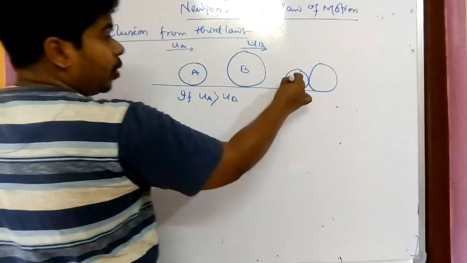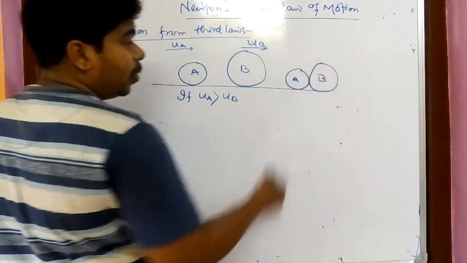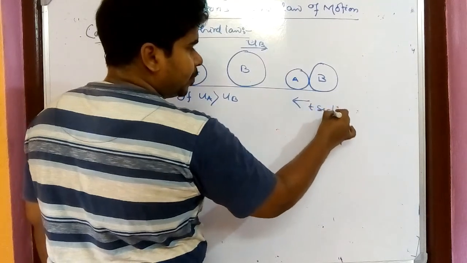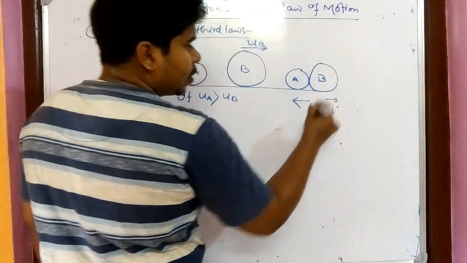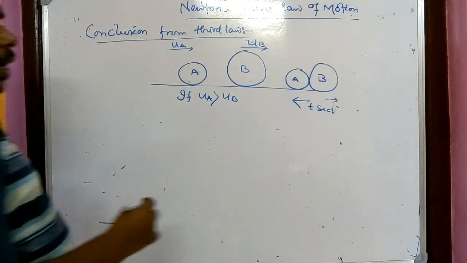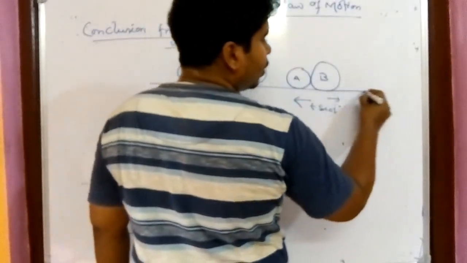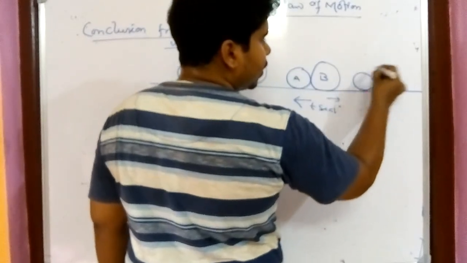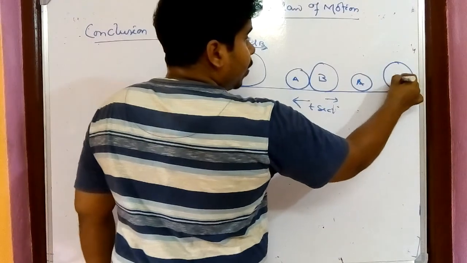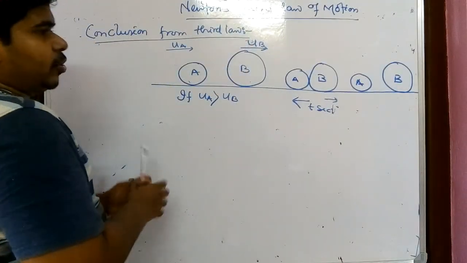This is body A and this is body B, and this collision occurred for t seconds. After that they are moving with different velocities. This is A and this is B. At that time their velocities have changed.